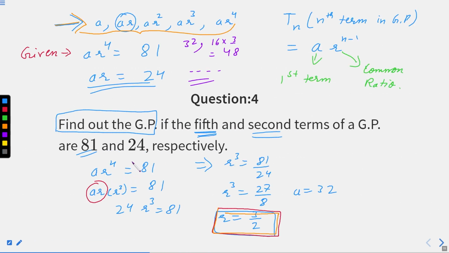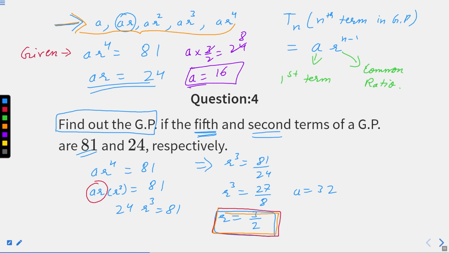Let me see. I think I have done some calculation incorrectly. Let me calculate once again. A times 3 by 2 is equal to 24, so A is equal to 16 after cancelling out 8. Yes, A is 16.